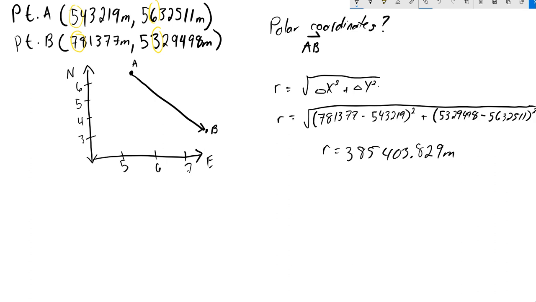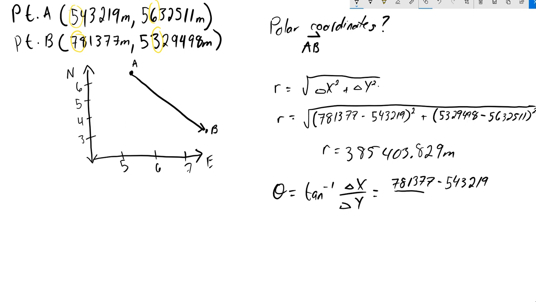Now if we want to figure out what the angle is, we have to use tan. So the angle, theta, equals tan negative 1. And I said the x goes delta x over delta y. So we have 781,377. This is where making sure that x2 comes first is really important.